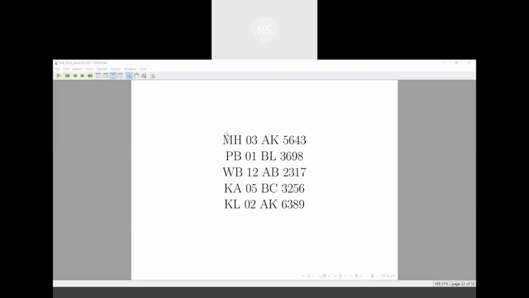Now I am saying example of a chromosome. What does it mean? I am just saying this is a number plate. Actually, they don't say that it is a chromosome, but as far as genetic algorithm is concerned, I am looking at it as a chromosome.